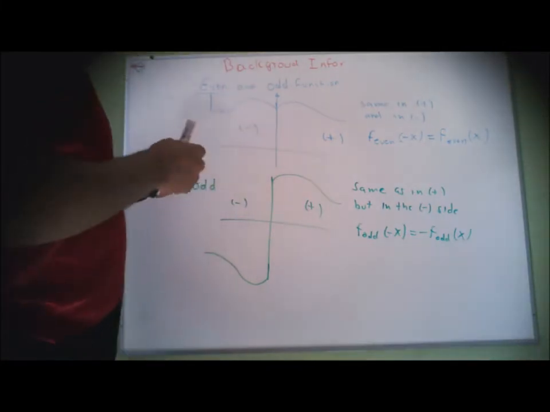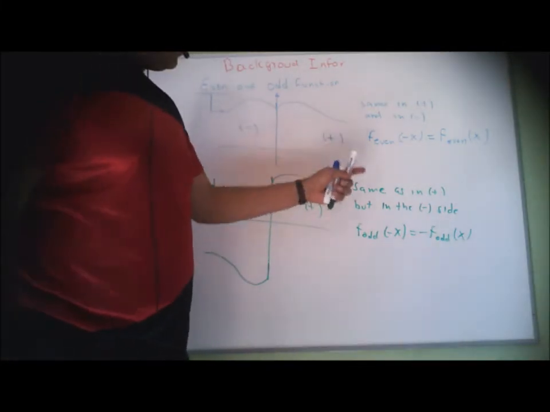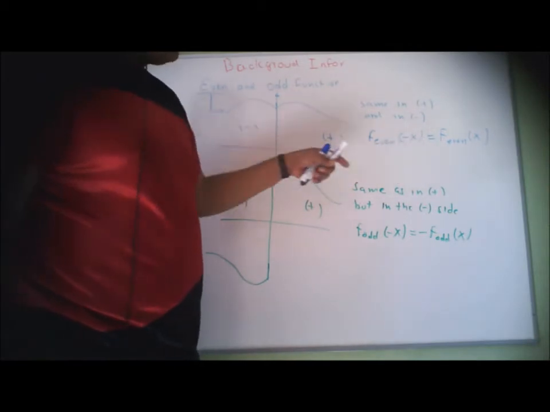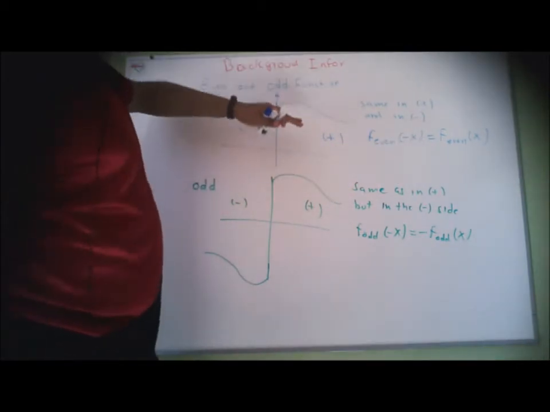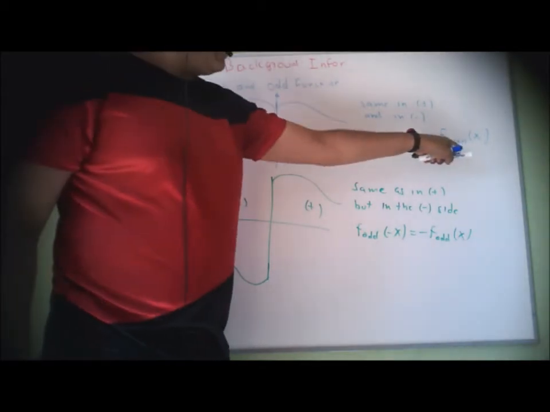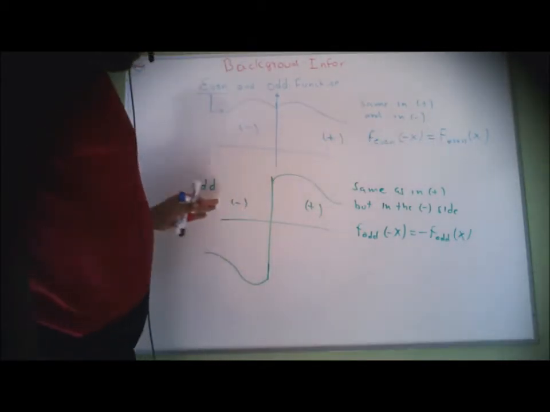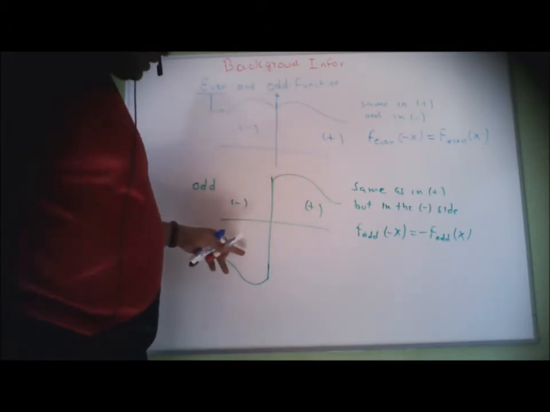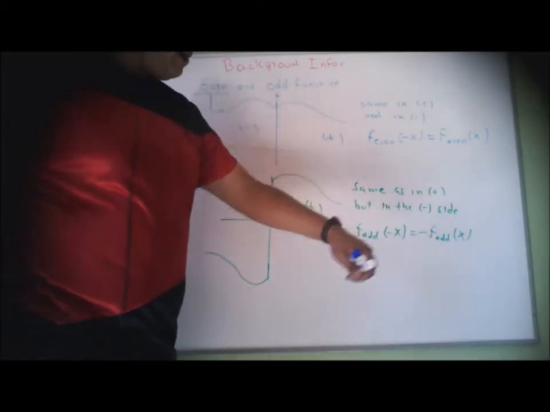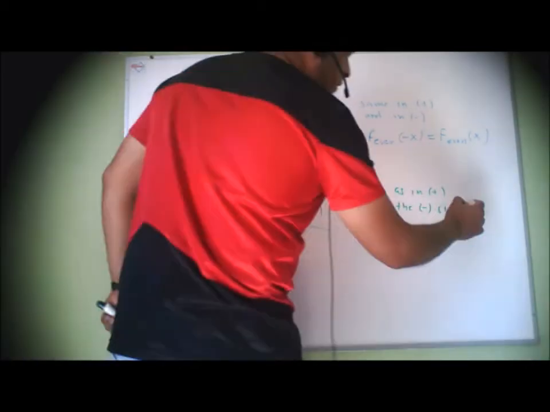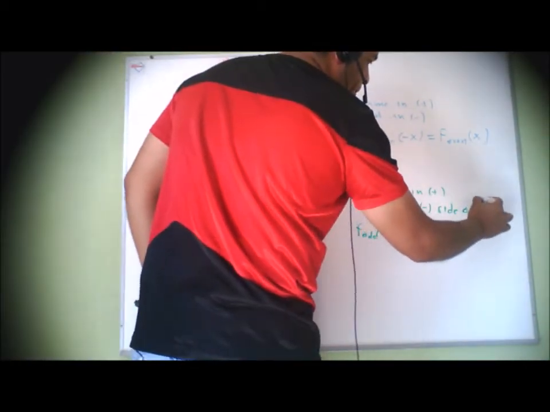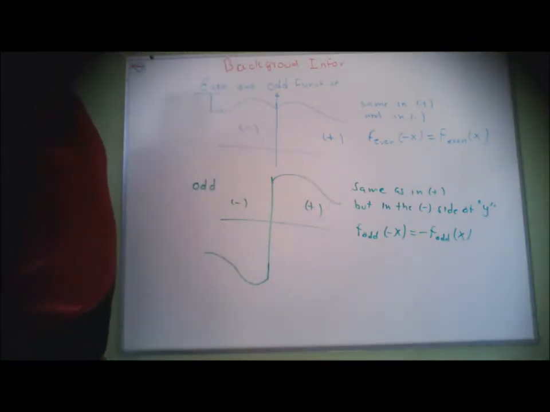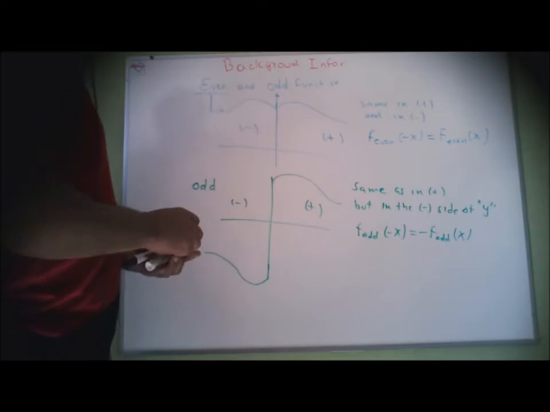Now, here you can see this definition: on the negative side of x, in terms of the y, it is the same, but with the negative of the y. Okay, so that is a very important thing in the even and odd functions.